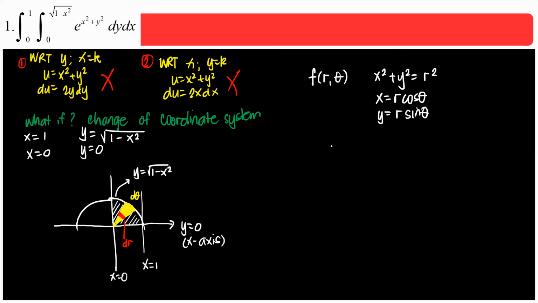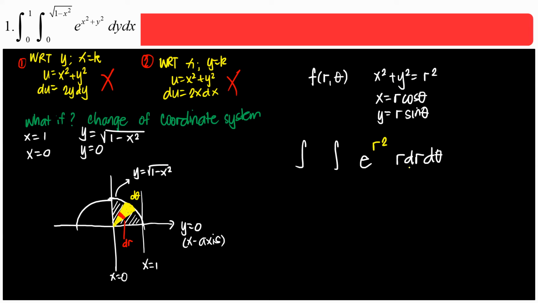I'm just rewriting here. And then the integral would all the time be r dr d theta. So now let's look. In the given, you have an x squared plus y squared as the exponent of e. So with that, I can say that x squared plus y squared is equal to r squared. The exponent becomes an r squared.